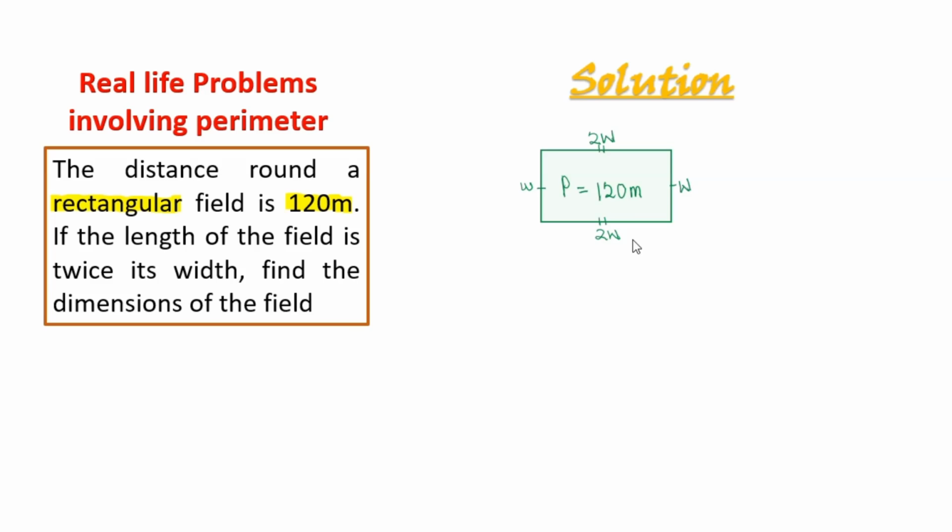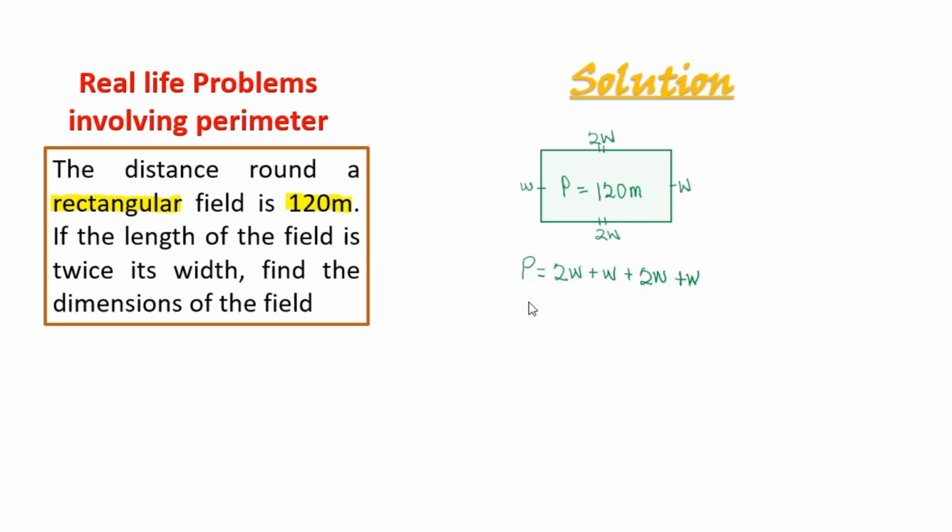So what is the formula for finding the perimeter of a rectangle? Assuming you don't have any formula in mind, perimeter simply means the sum of the distances around it. So we can say perimeter is equal to, then we sum up all the distances. So we have 2W plus W plus another 2W plus W. The rectangle has 4 sides, so we have added all the 4 sides over here.